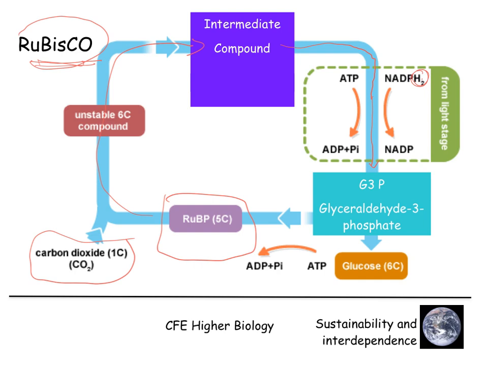So by phosphorylated, what we mean is an inorganic phosphate is added to it, and we form this substance here called G3P, which is short for glyceraldehyde 3-phosphate. Now some of that G3P is used to regenerate RuBP to continue that process, and then the remainder of it is used to make glucose.